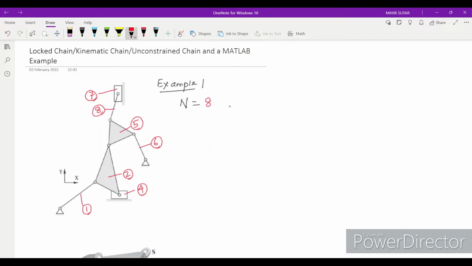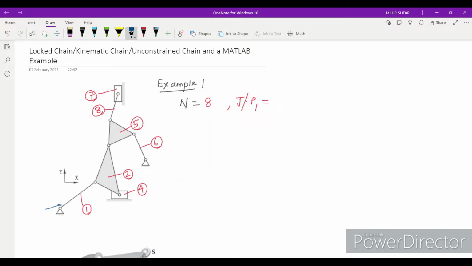Now how many joints? Single degree of freedom joints, or you can say we can call this P1 as per our notation. So how many joints if we consider here? Let me change the color to blue.